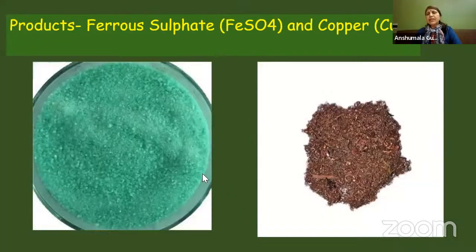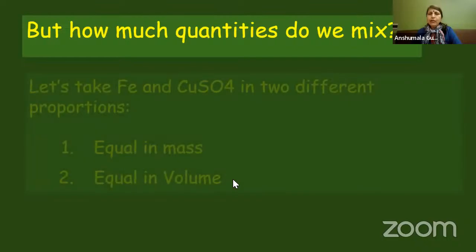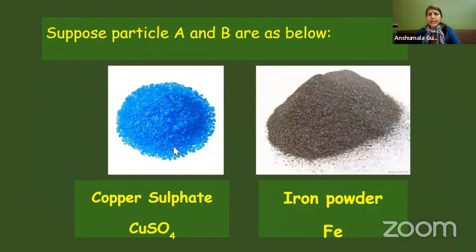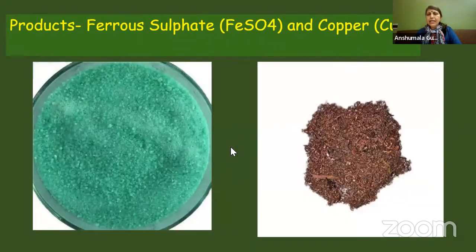So when we do this, we get these two products. The products are ferrous sulfate, which is light green in color, and brown copper. These are the two products. So what I want to do is combine copper sulfate and iron to give me ferrous sulfate and copper.